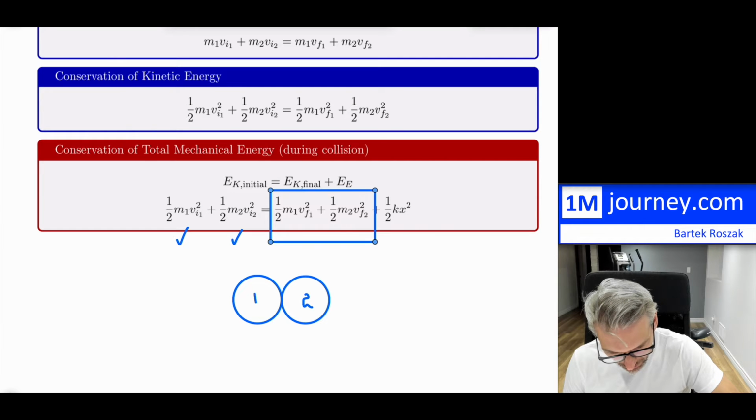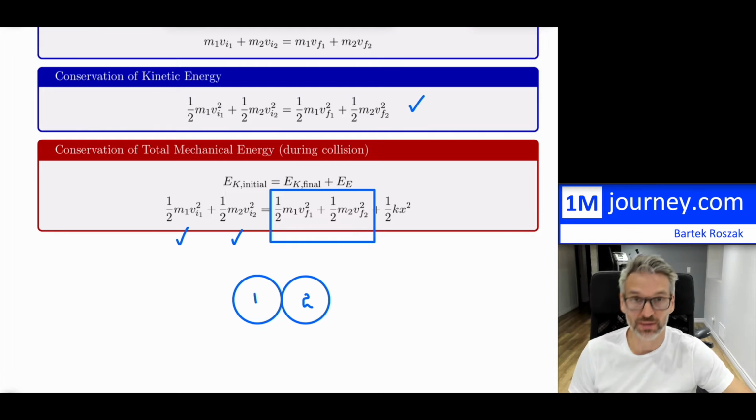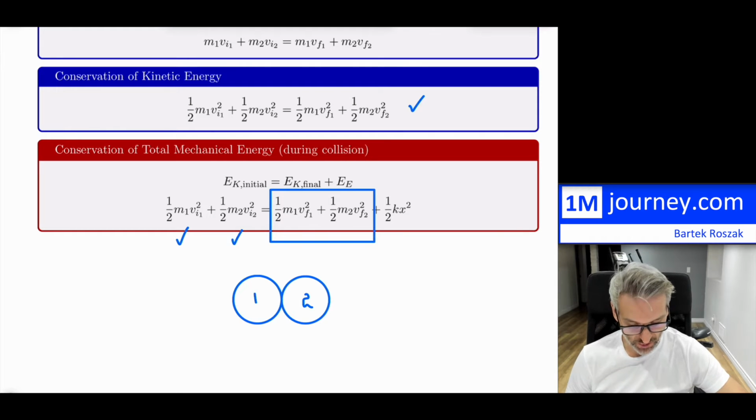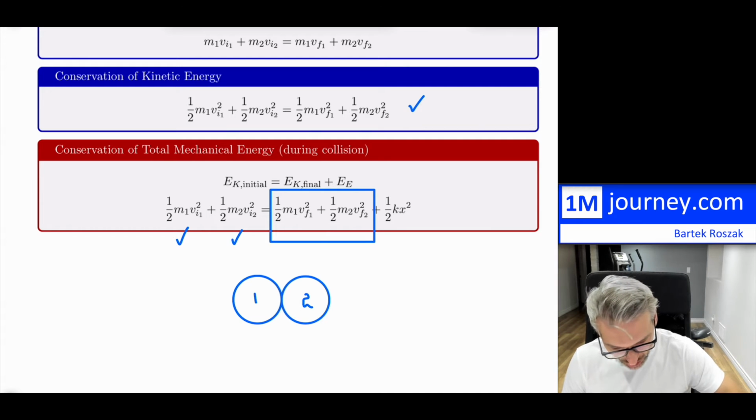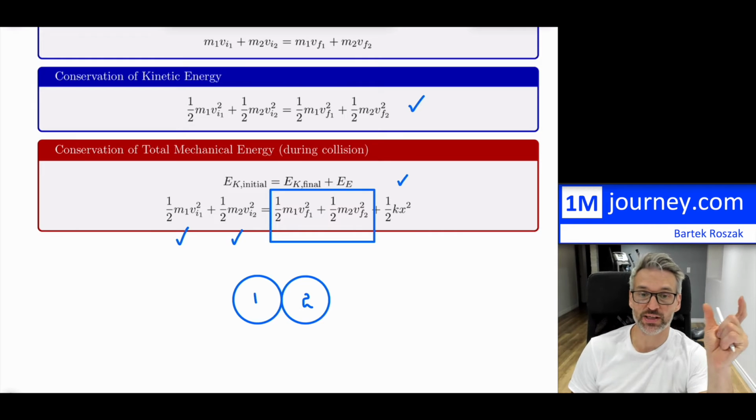And we know that for elastic collisions, of course, this must hold. And we talked about it. We even had some special cases related to this, as I pointed out in that link at the start. But then you have this particular term, which is the elastic energy. During the collision itself, the objects will actually slow down.